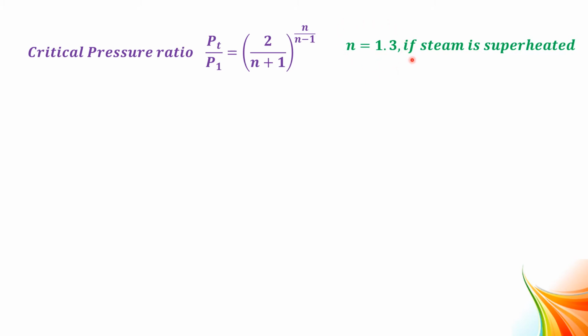Now substituting the value of n equal to 1.3 in the critical pressure ratio equation, Pt by P1 equal to (2 by 1.3 plus 1) the whole power 1.3 divided by 1.3 minus 1. So Pt by P1 equal to 0.546.